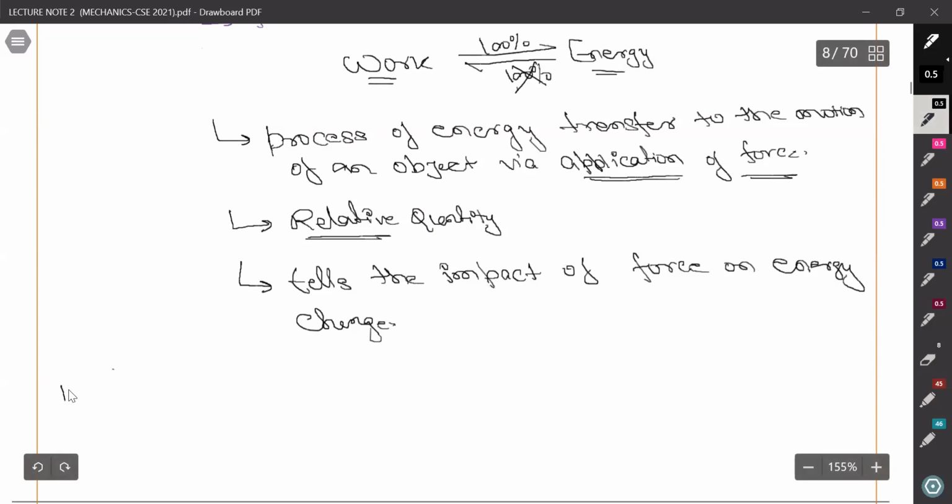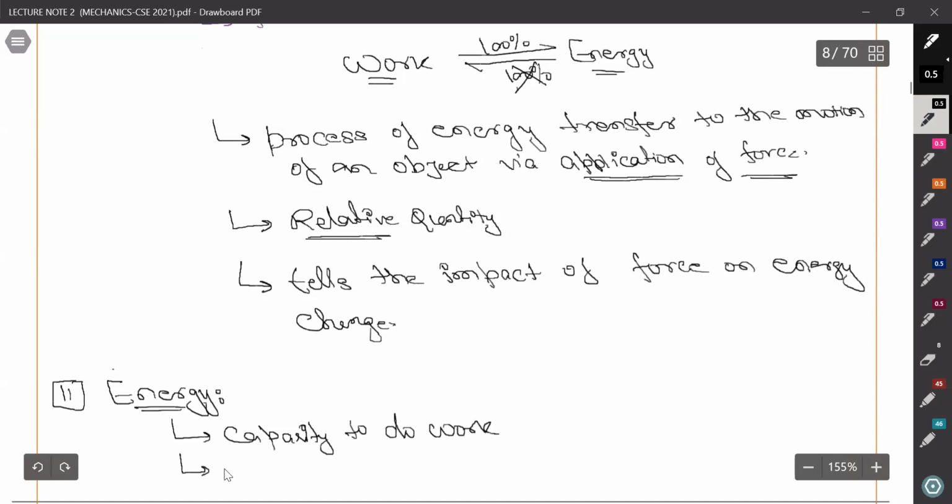Next, the second one is energy. We cannot define energy directly. We can write it as the capacity to do work. It's not a physical property.